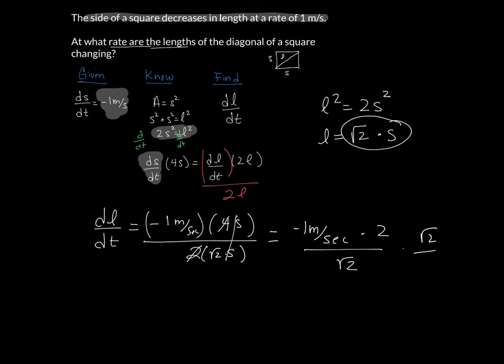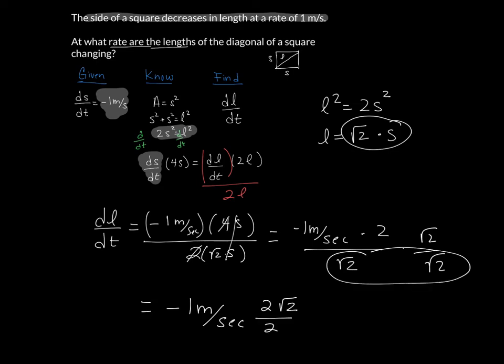Rationalize that denominator, and dL/dt is equal to -1 meters per second times 2 times the square root of 2, all divided by 2, or just -square root of 2 meters per second.